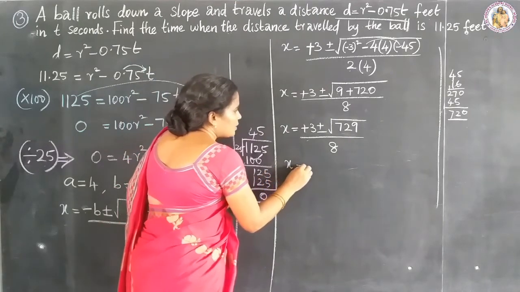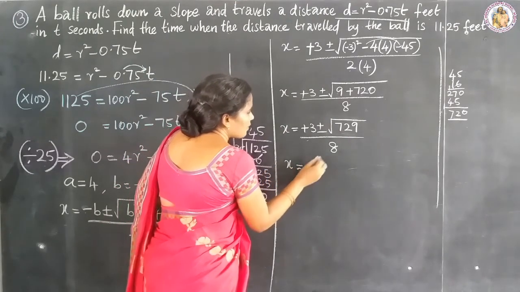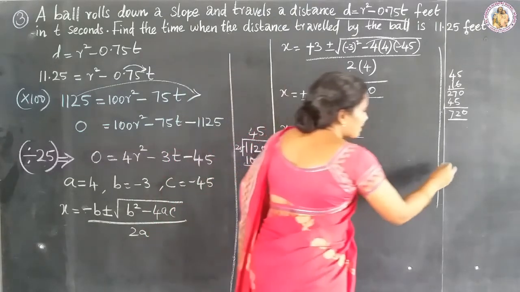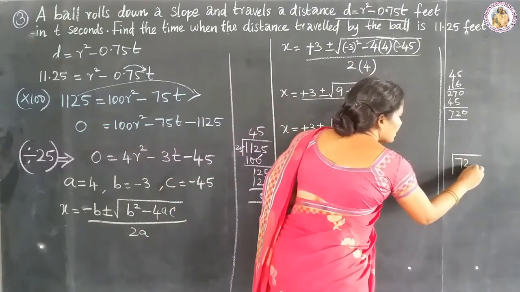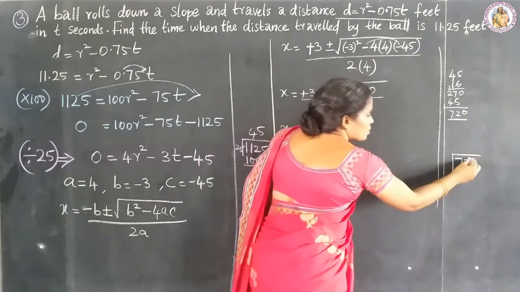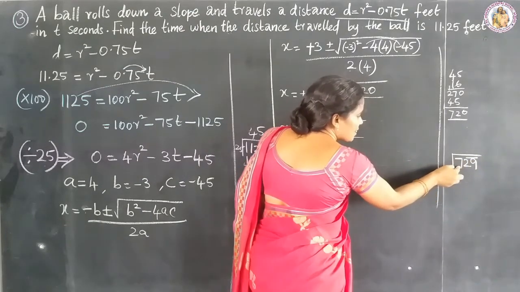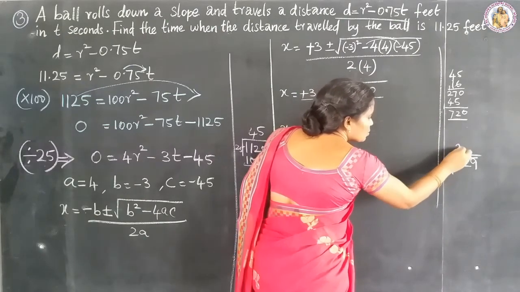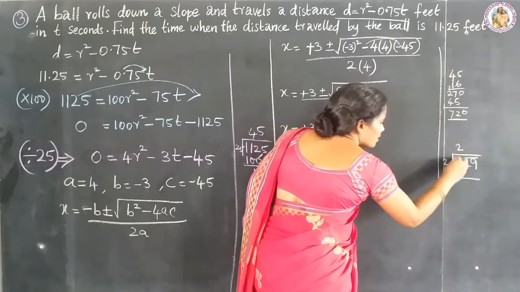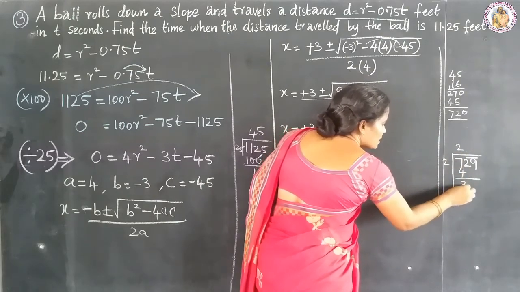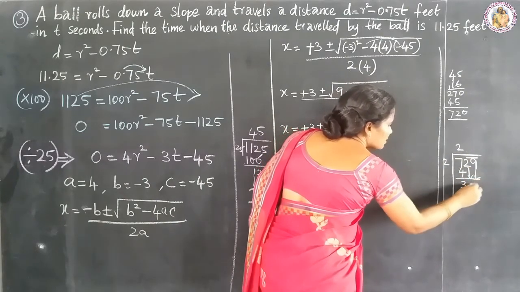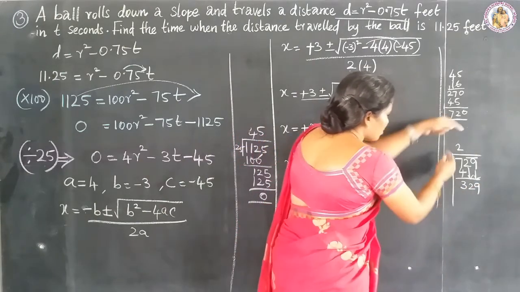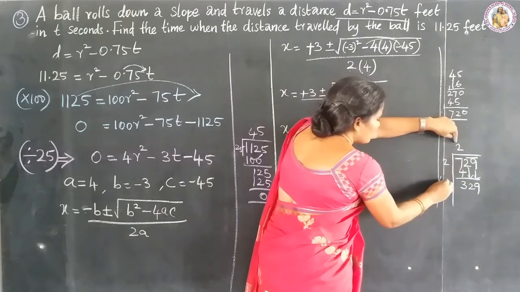So x is equal to square root of 729. You have to find the square root of 729. Last two digits we have only 7. 2 twos are 4. 7 minus 4 is 3. Take the next two numbers, 329. So multiply 2 into 2 is 4.